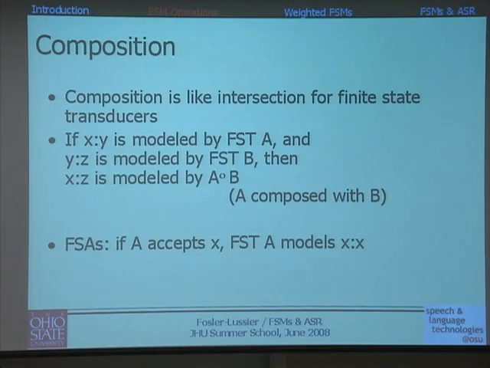Okay, composition. It's basically intersection on steroids, okay? So you've got transducers which have these input and output symbols, right? And you want to match up two transducers the same way that you matched up two automata. With automata, you basically compare the symbols, right?